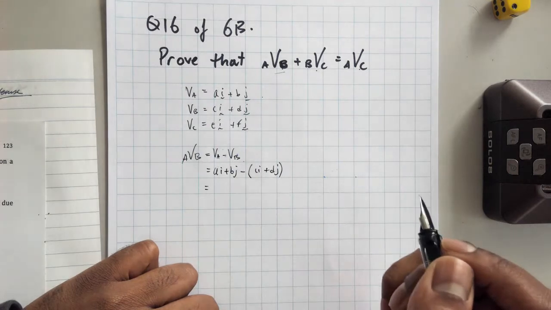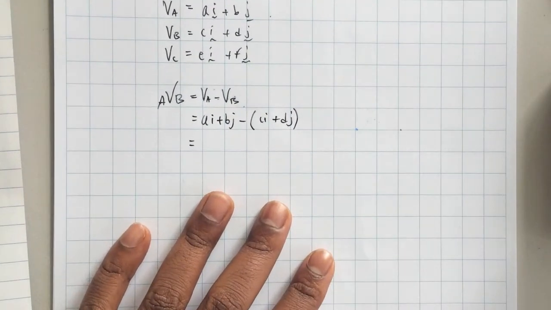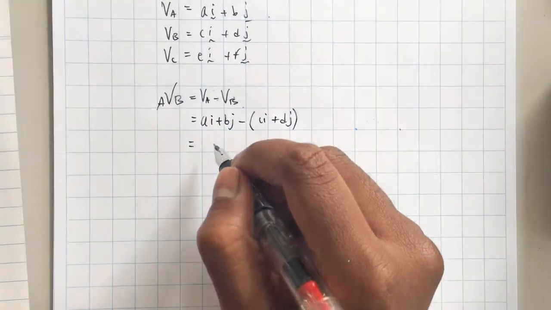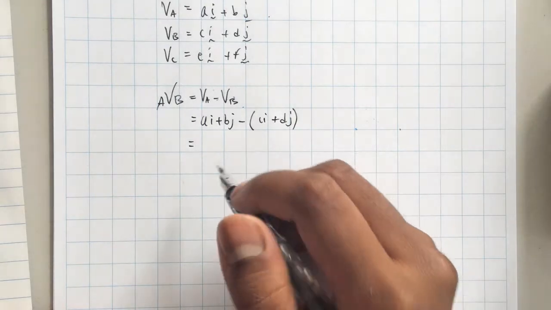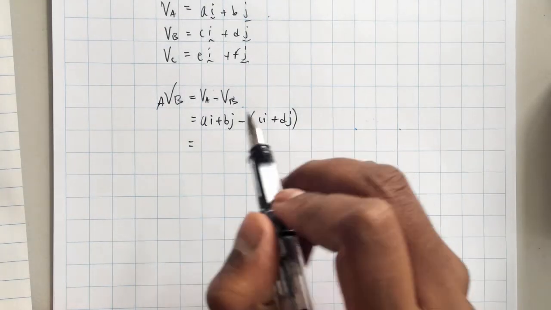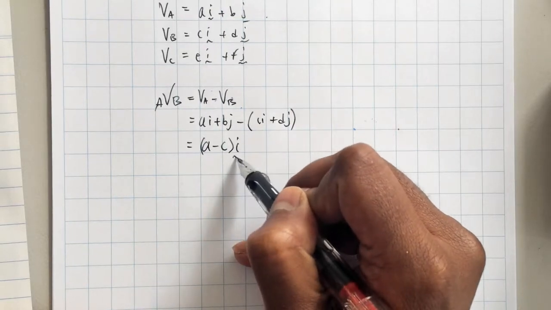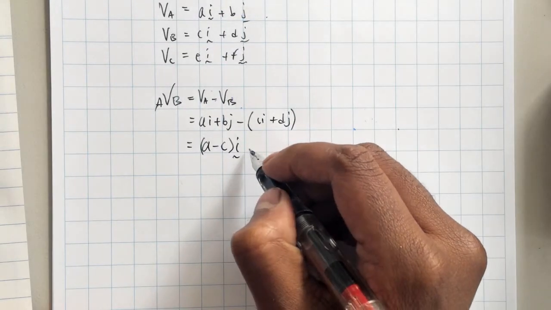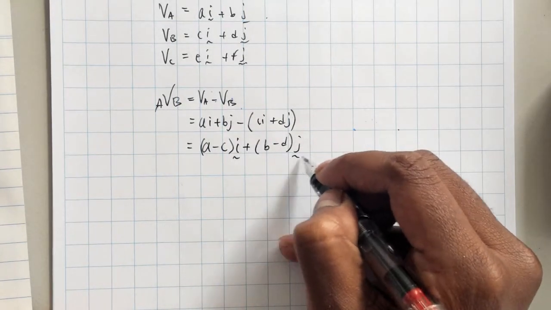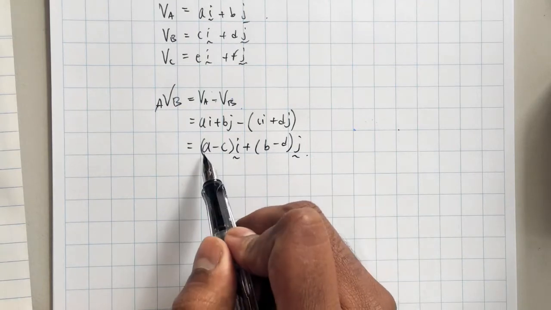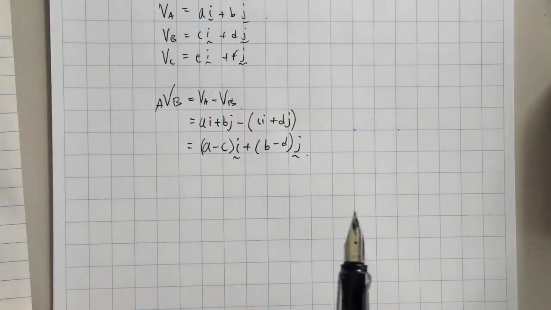I'm going to expand my brackets and collect my I terms and my J terms. A take C, that's in my I, and then plus B take D. So this here is my terms collected for I and for J.